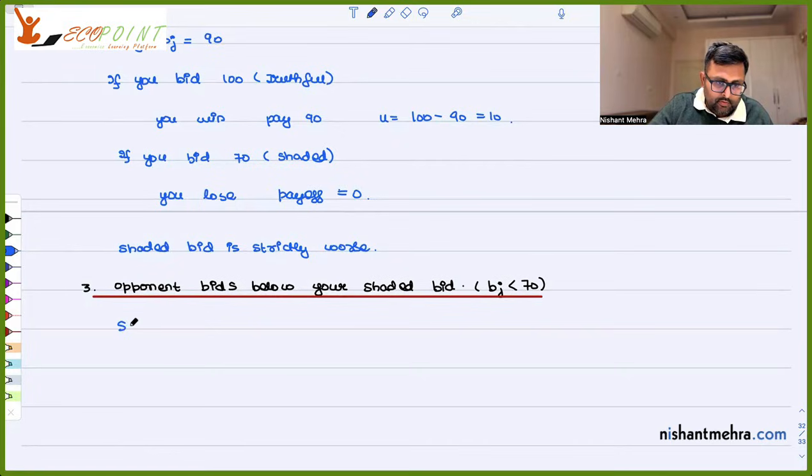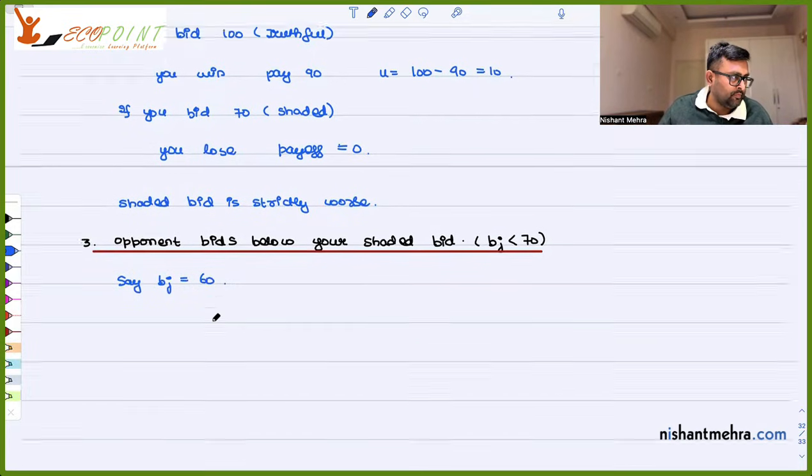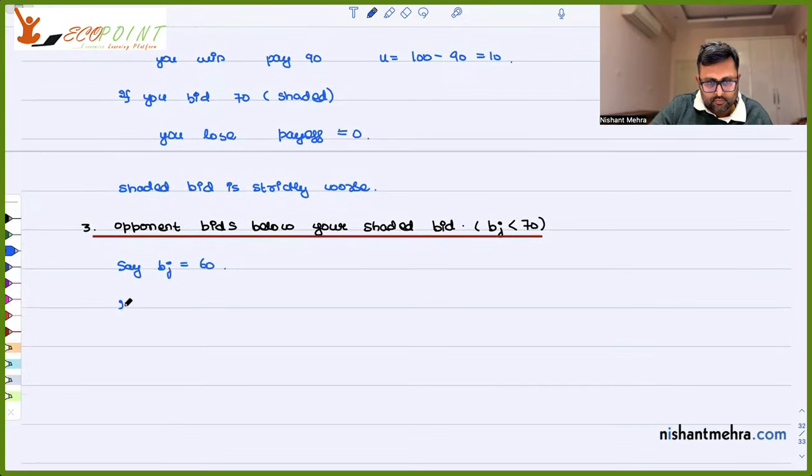So say the opponent is bidding 60. So if you bid 100, he bid 60, you win now.